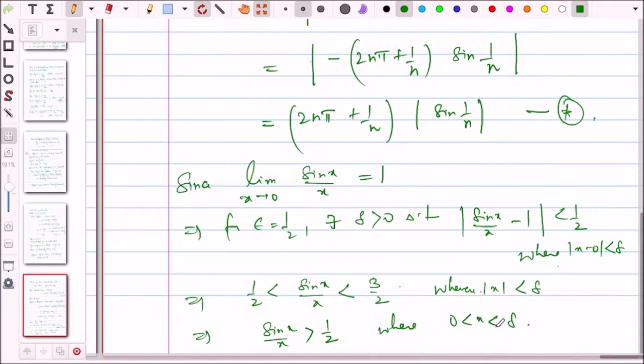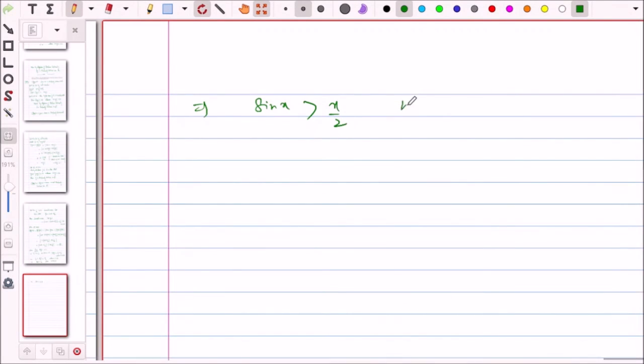Now because we have taken x to be positive and less than δ, sin x is greater than x/2 whenever 0 < x < δ.